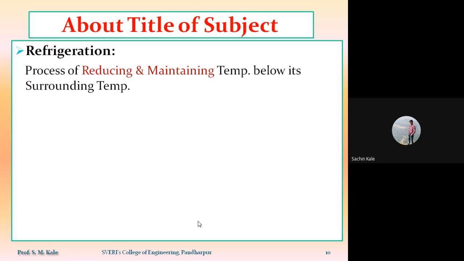That means, if you take one example, suppose you have one iron rod, and you have heated that iron rod up to, suppose, 70 degrees centigrade.